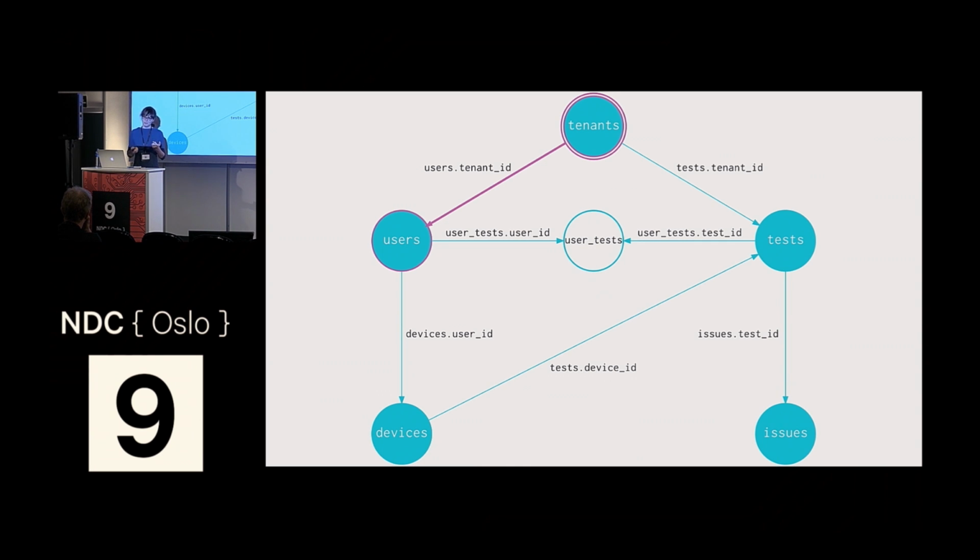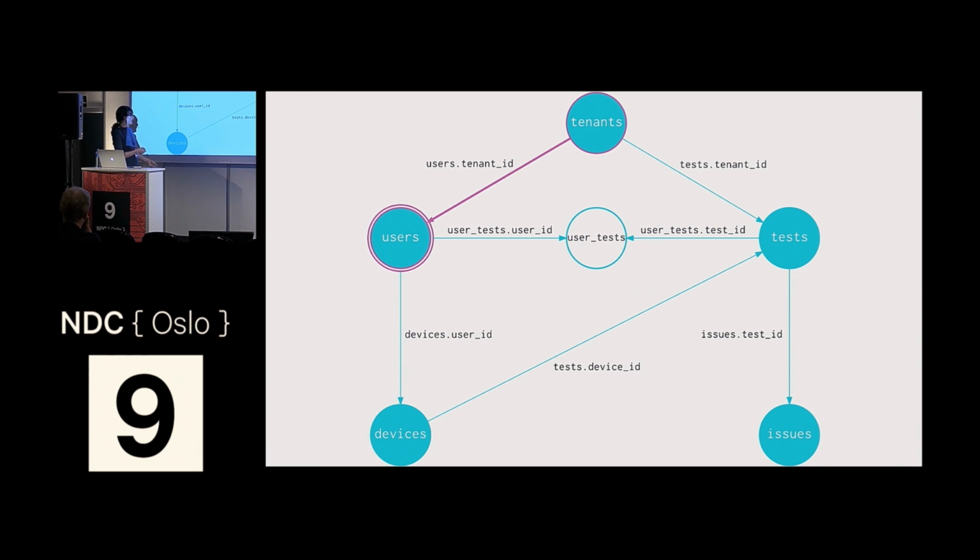It would be really, really terrible if we did, because that would mean we have some sort of pollution going between individual tenants' data. We don't want that. But we have to just go back up and check. But also, we could have users that don't have devices. So we need to double back up here and pull out all the users related to that tenant, and just make sure that we visited every row in that vertex.